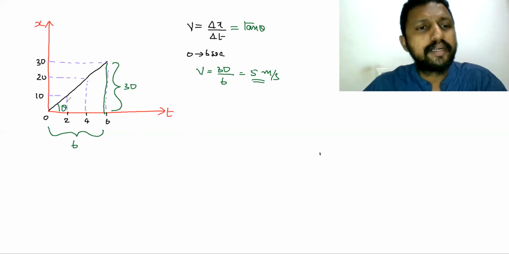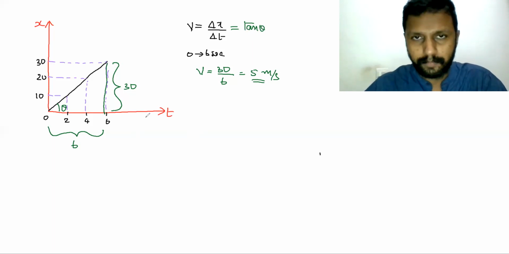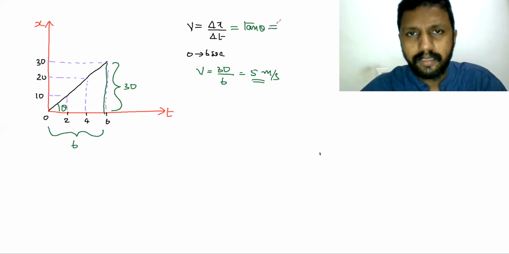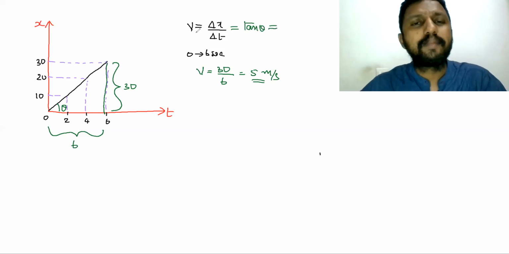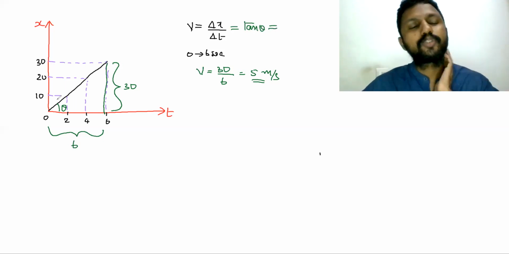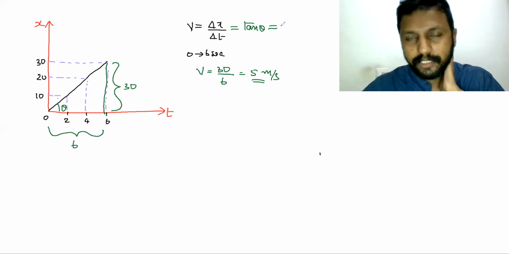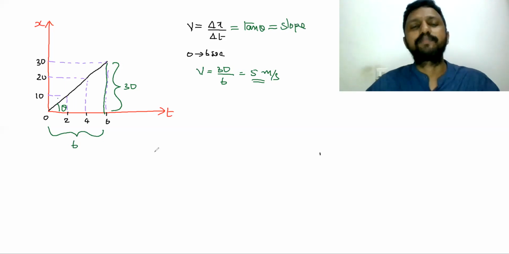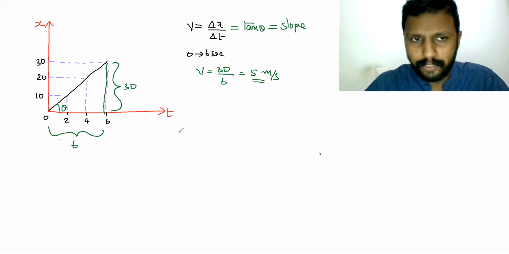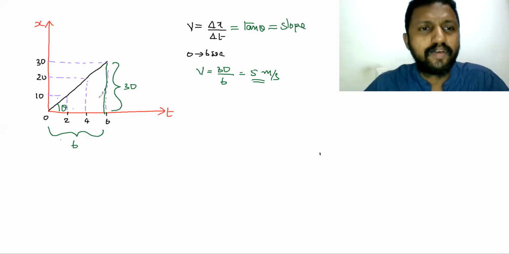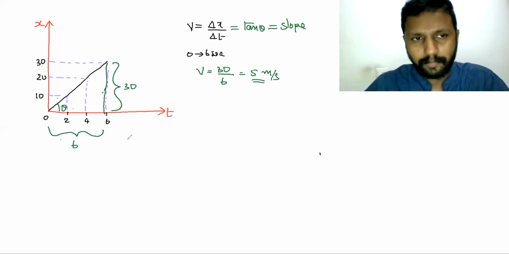Therefore, if you take the slope of the displacement time graph, we will get velocity. That is an important point. Velocity can be obtained by the slope of the displacement time graph.